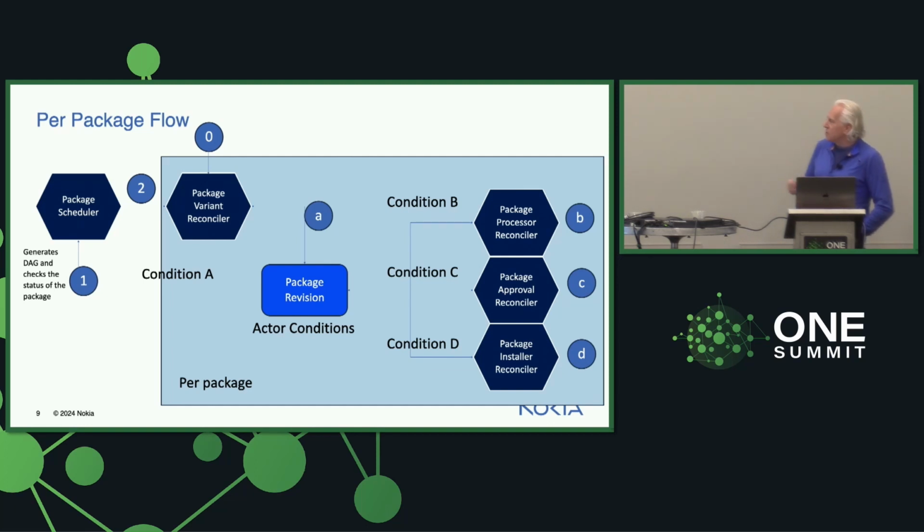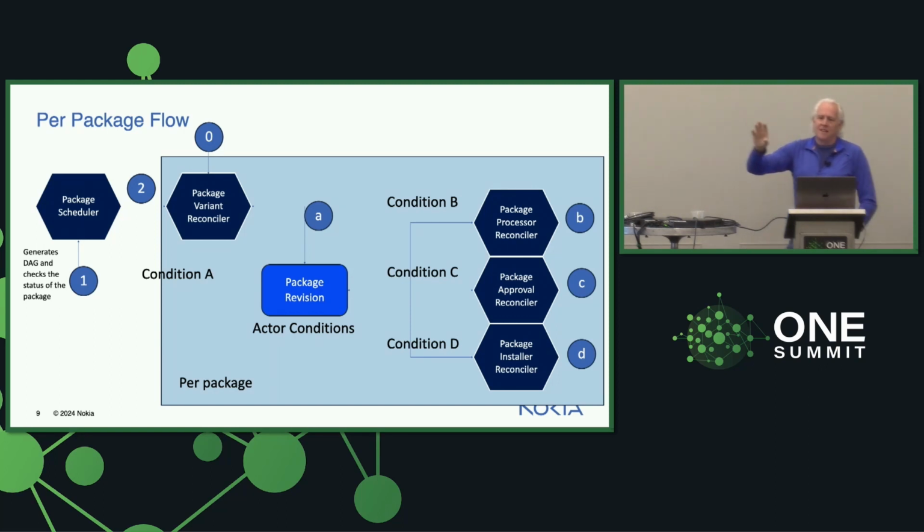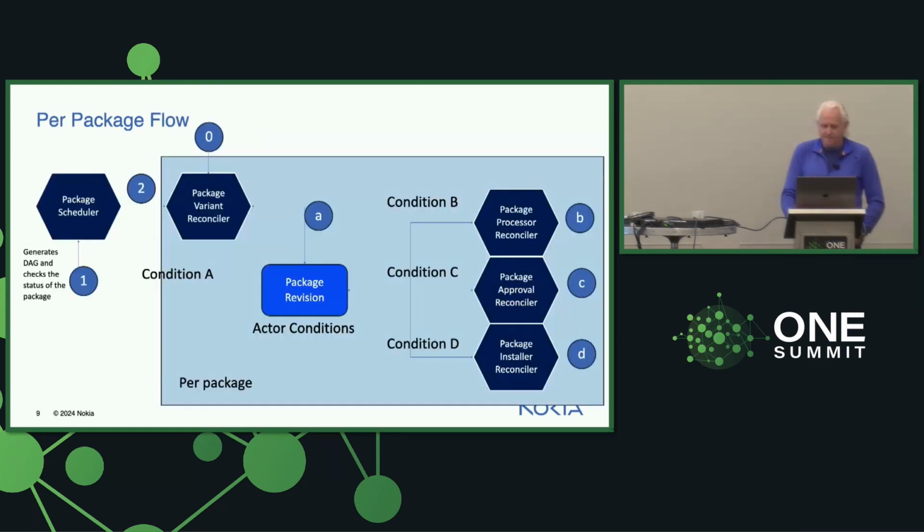So in other words, if you instantiate the package, the light blue thing, the first thing that happens is the scheduler figures out through the dependency tree what are all the dependencies between each of the other packages, right? And then instantiates them or not. So that's the first thing that happens.